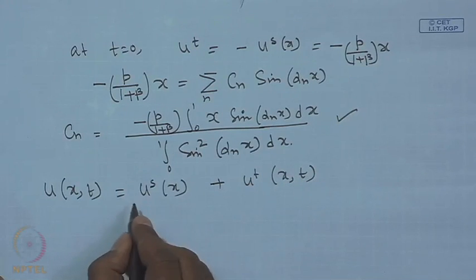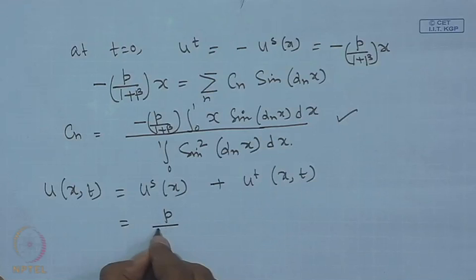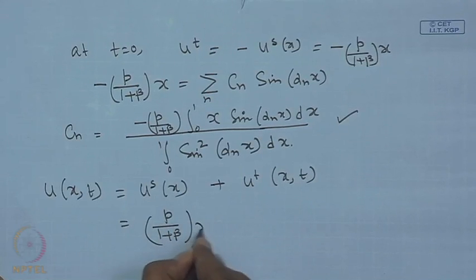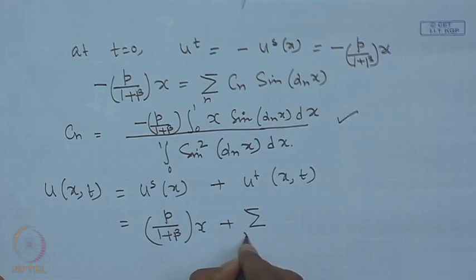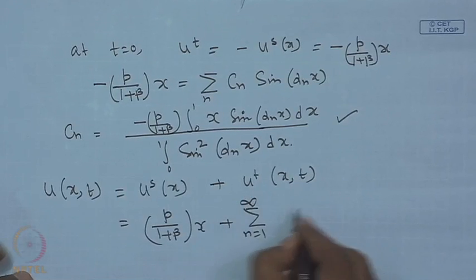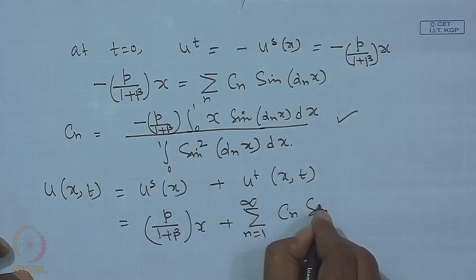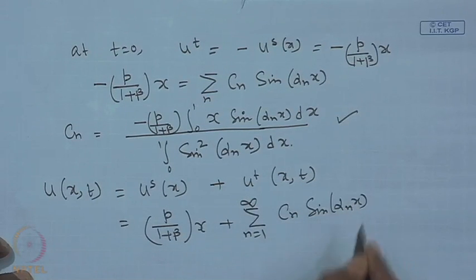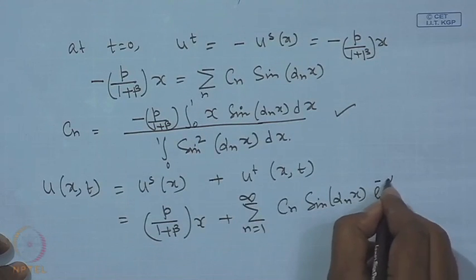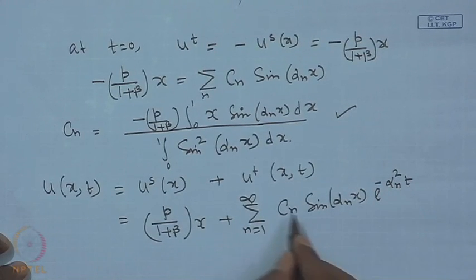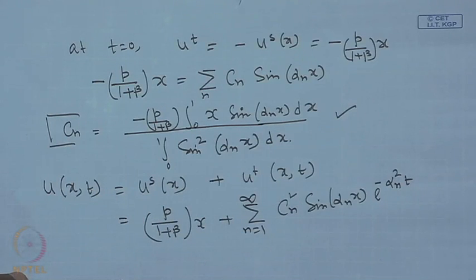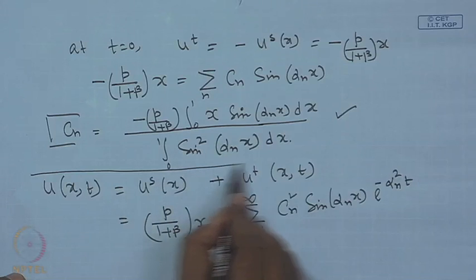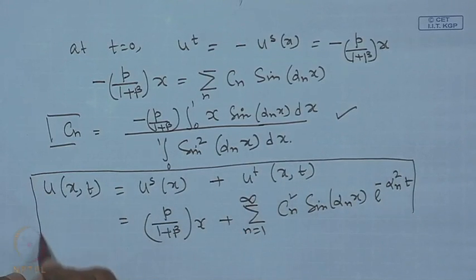So, this becomes p into 1 plus beta times x plus u t, which will be nothing but summation n is equal to 1 to infinity C n sin alpha n x e to the power minus alpha n square t, where C n will be evaluated from this expression. So, that gives the complete solution of the ill-posed problem.